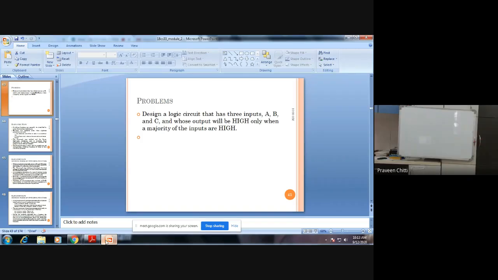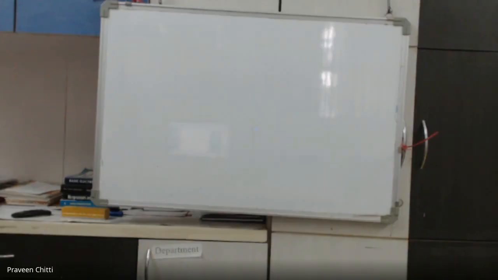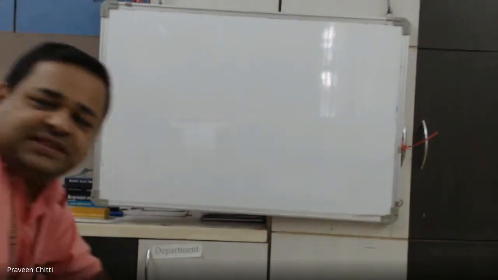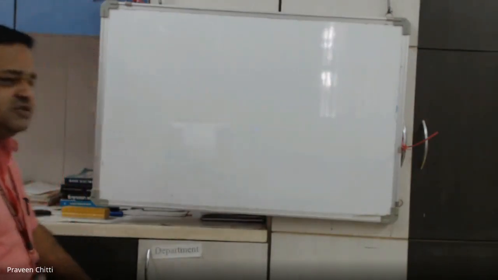Okay, anyhow, all of you have noted the problem statement. Design a logic circuit that has 3 inputs A, B, C, and whose output will be high only when a majority of the inputs are high. I have stopped sharing. Now the board is visible. So how do we design it?